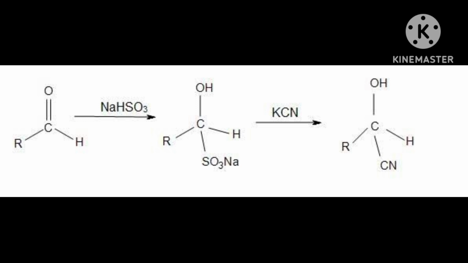Now, the next reaction is the addition of alcohols. Actually, first, addition of Grignard reagent, which I already told you about. In Grignard reagent RMgX, MgX will be positive and R will be negative.